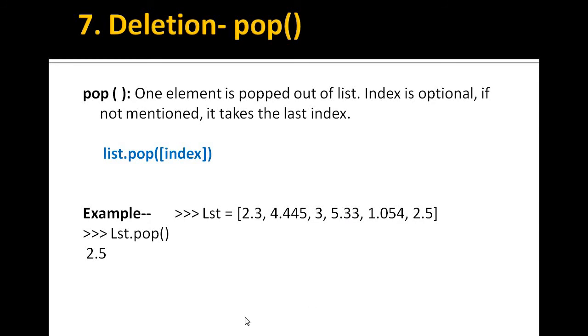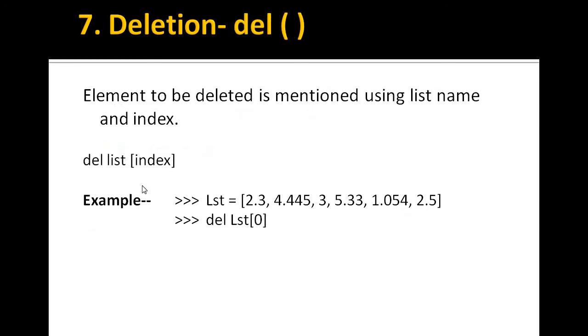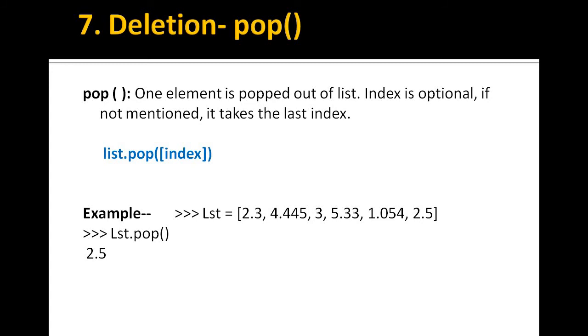And when you provide an index, for example, if you write list dot pop and inside the brackets you pass 1, then the value at position 1, which is 4.445, will be deleted. So we will have the remaining list as 2.33, 5.33, 1.054.